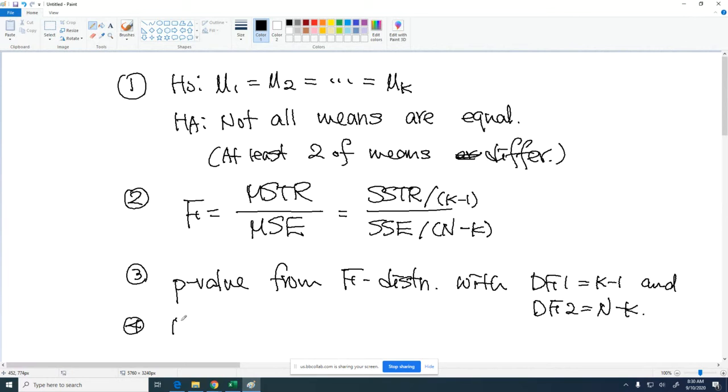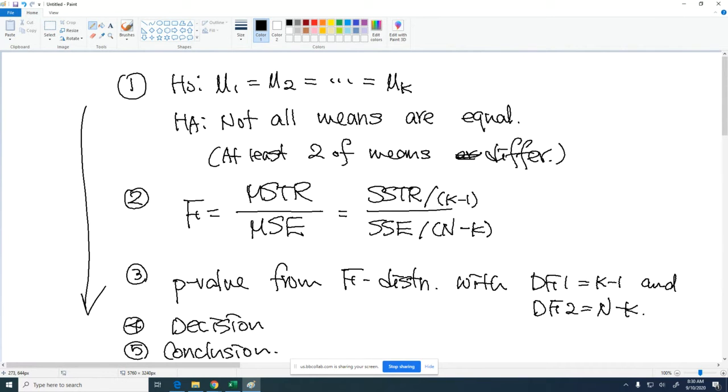And step 4, make the decision: reject the null hypothesis or fail to reject the null hypothesis. Finally, we can make the conclusion, which is the interpretation. So I can summarize ANOVA by the 5 steps again.